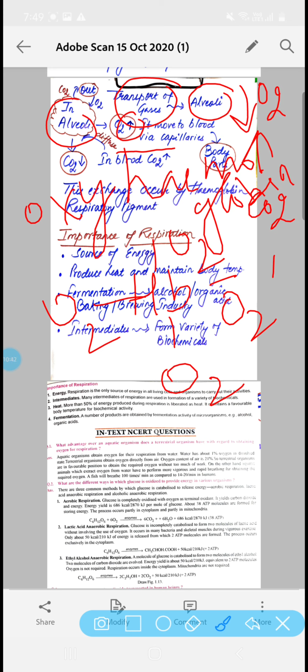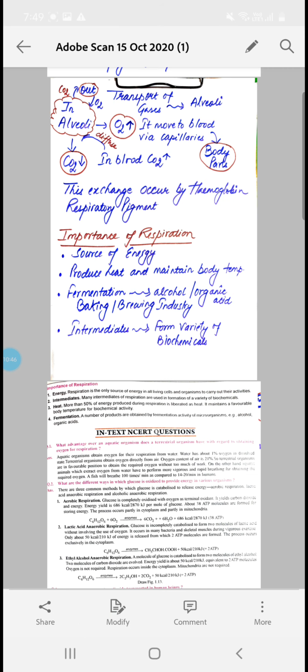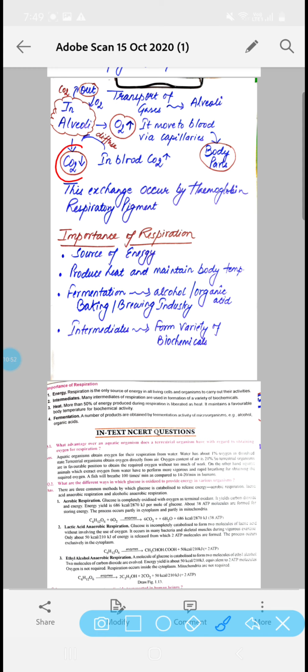On the other hand, carbon dioxide inside the alveoli is very low. So the blood will carry the carbon dioxide. Carbon dioxide is the waste product of all the tissues.